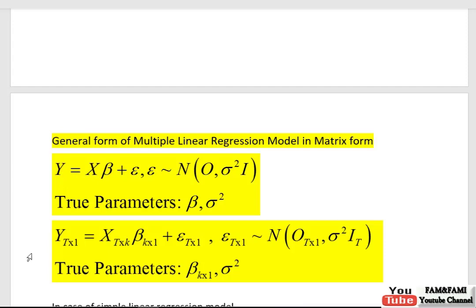I prefer the second one because you can see the dimension of X: t rows and k columns, so there are k regressors, x1, x2, x3 up to xk, where x1 is the first regressor, which is constant 1 for all values of t. So it is a vector of ones.